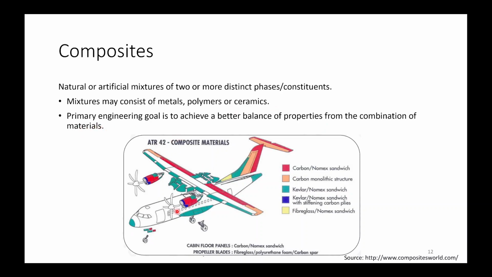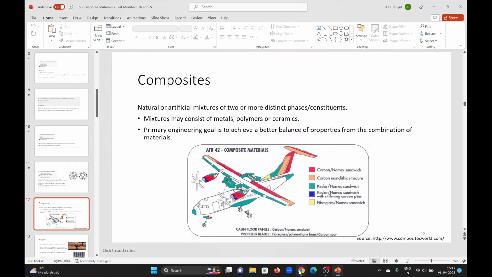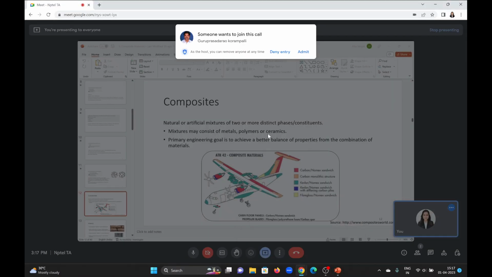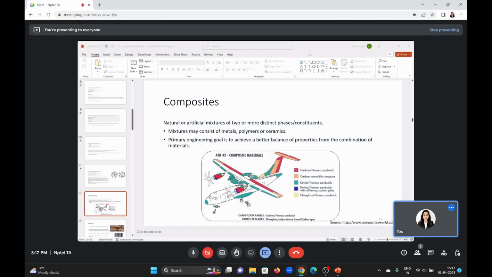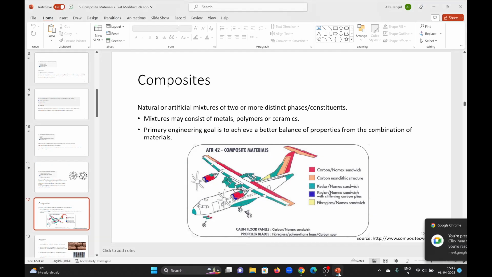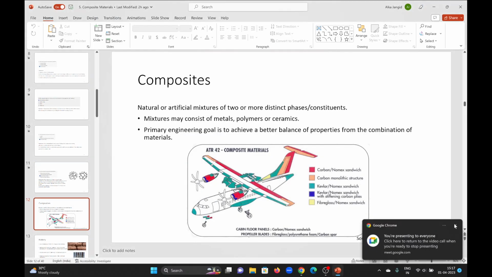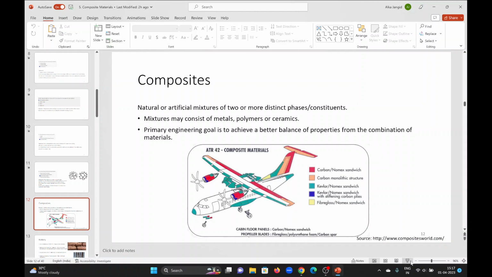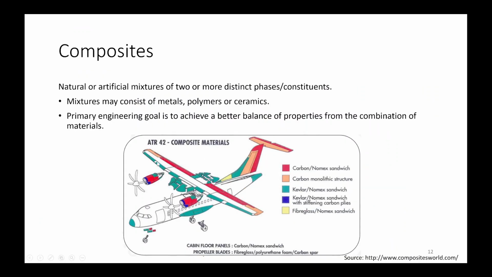So this is an aeroplane, and in it these different colors are different composites.